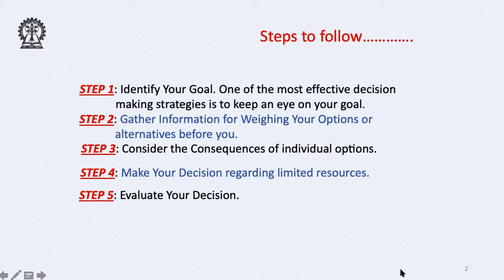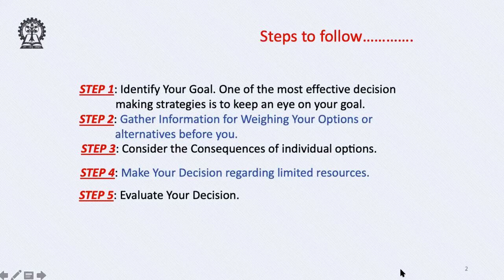Third is the simulation, and fourth is the decision, in this sequence. Identifying the goal of the decision making is the primary task for any decision making situation. If my goal is not fixed, if my goal is not pinpointed, then we will move away from reality. That is the idea for any decision situation.